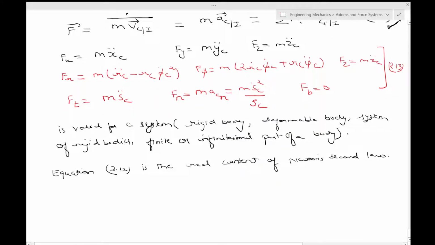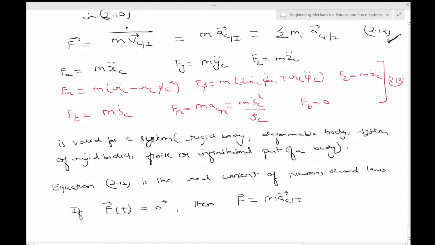Now if the force, or it's not the force actually, it's the external force acting on the system, because we have defined it like this, is equal to 0, then if the external force at any given time is equal to 0, then the force is equal to, you already have written this as m a_C of I, over here we have already written that in 2.12. Now this implies that the acceleration of the center of mass in the I frame will be equal to 0, since the mass cannot be 0.